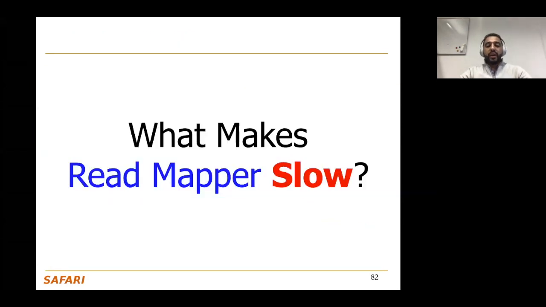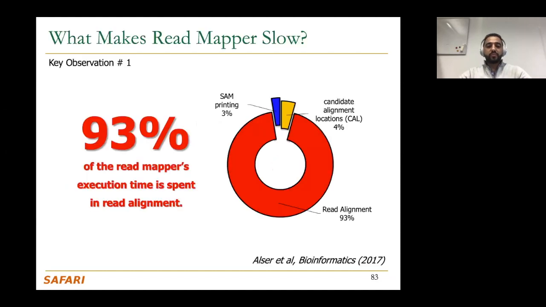All right, so now I already explained how we perform read mapping. Now, why is the read mapper slow? So we find three main observations when we profile the read mapper. First, about 90% of the execution time of a typical read mapper is spent on the dynamic programming part, because you can guess querying a hash table is O(1) time always, assuming that it fits in the main memory.